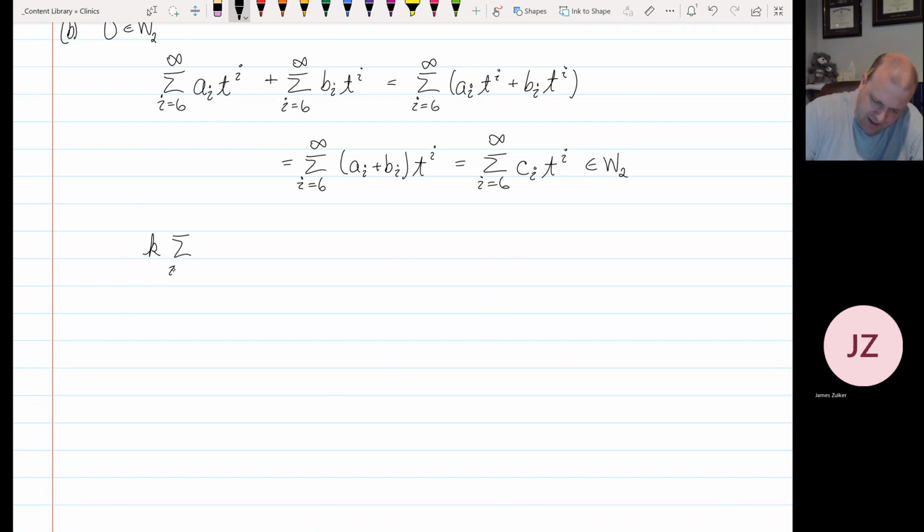Now if we take some scalar and multiply by a polynomial of degree at least 6, again, using properties of summations, we can write it this way, which allows us to write this.